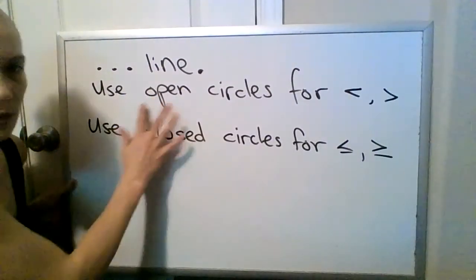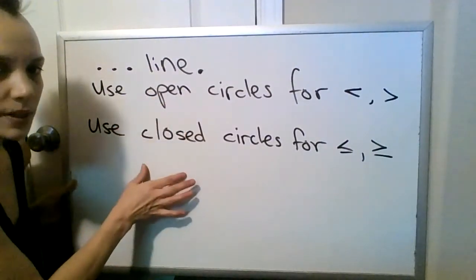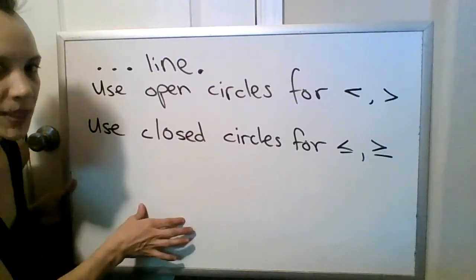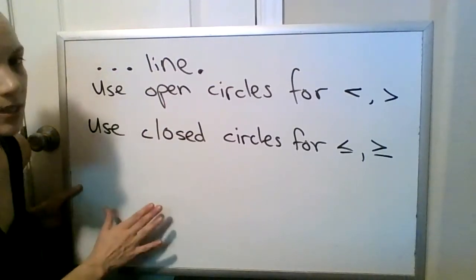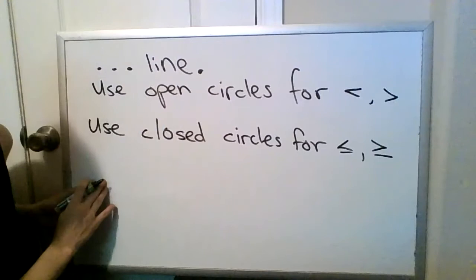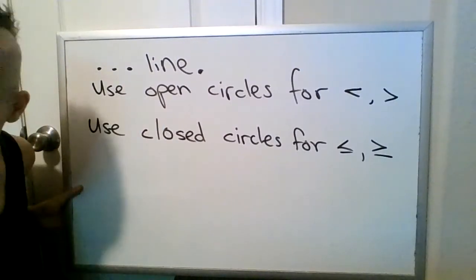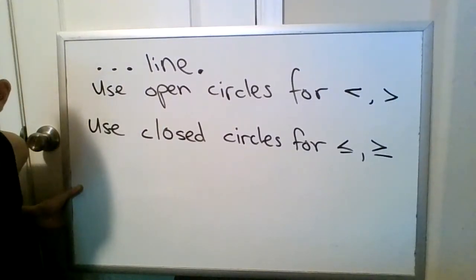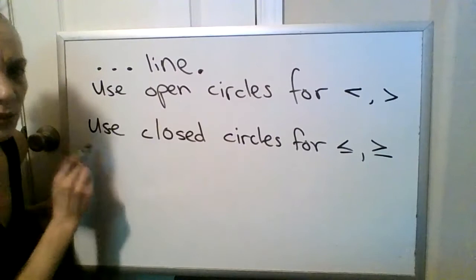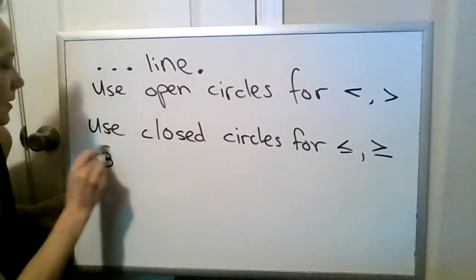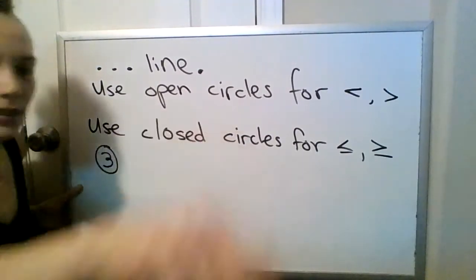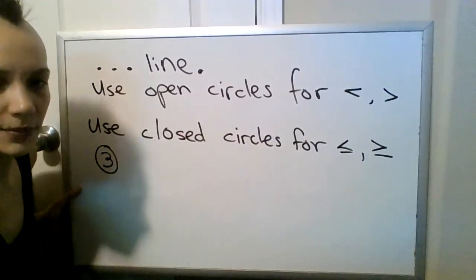So once you've got your open or closed circles, those marks are going to split up the number line into test intervals. I think this would be step 2. I think this is step 3, if you're taking notes.